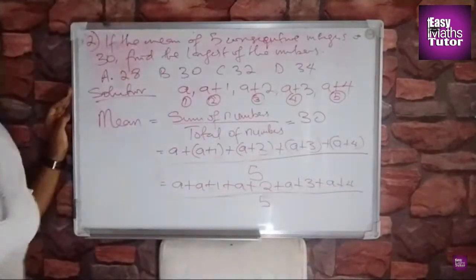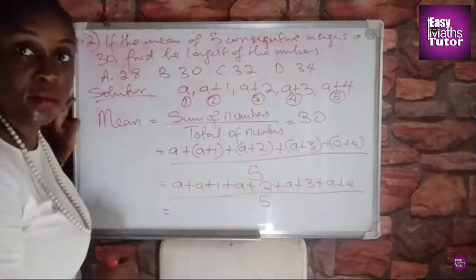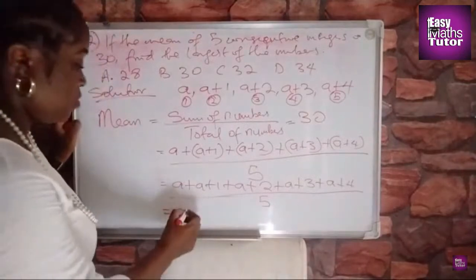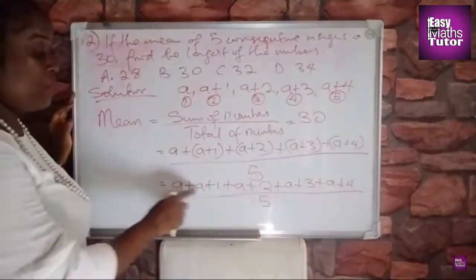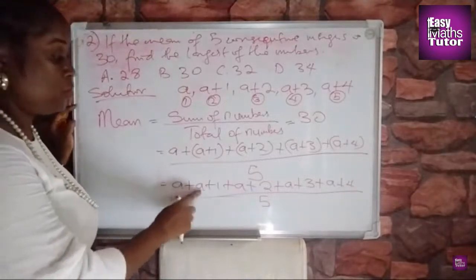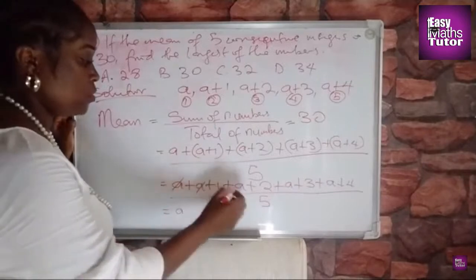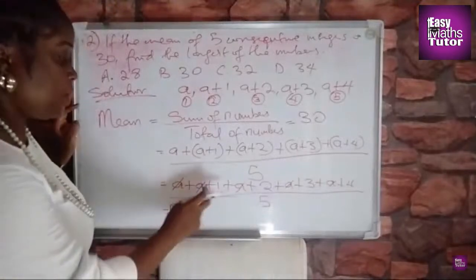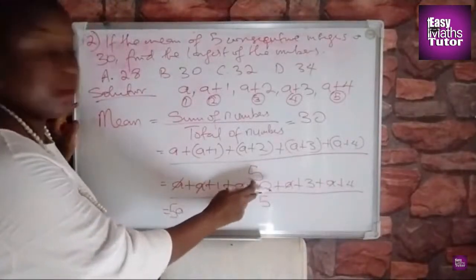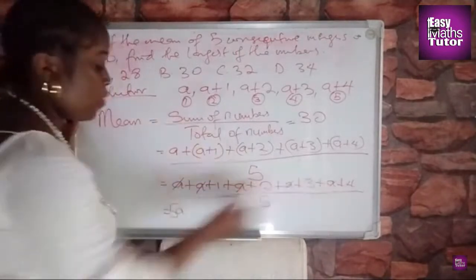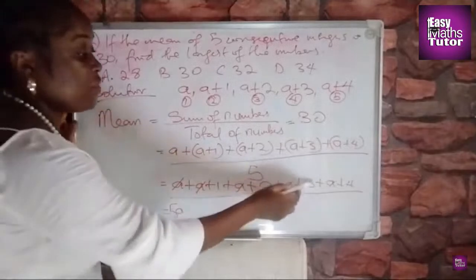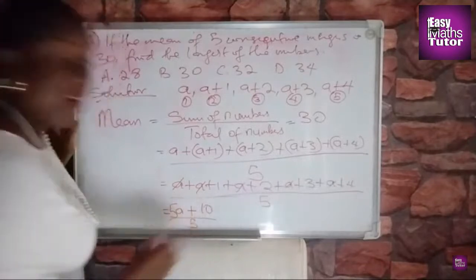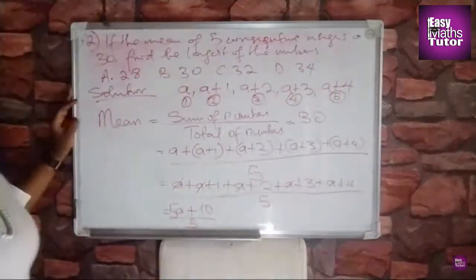Taking like terms, how many A's do we have here? 1, 2, 3, 4, 5. So we have 5A. Then 1 plus 2 plus 3 plus 4: 1 plus 2 is 3, 3 plus 3 is 6, 6 plus 4 is 10. So 5A plus 10 all over 5.